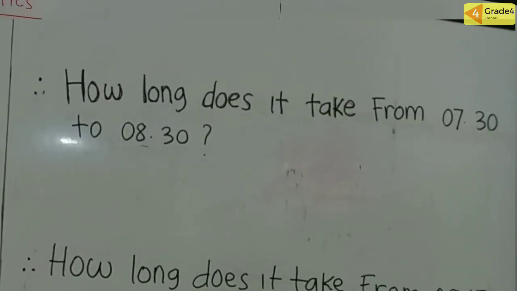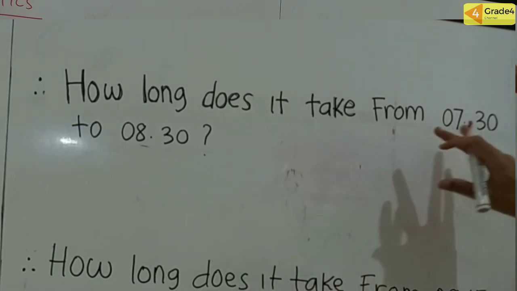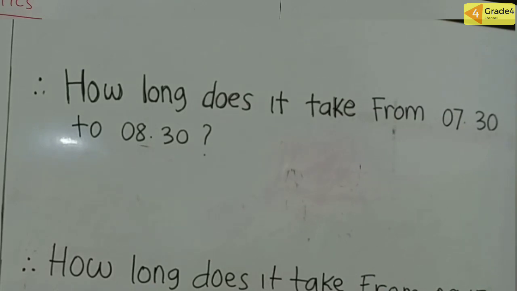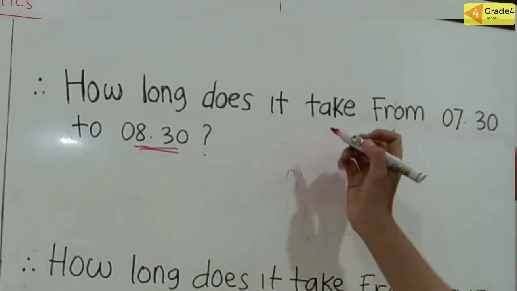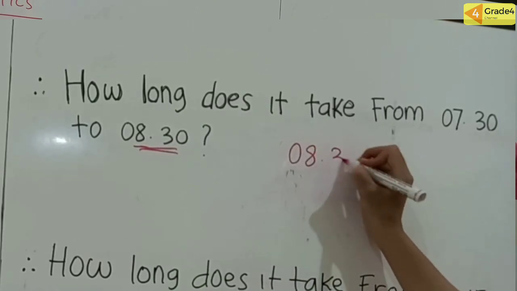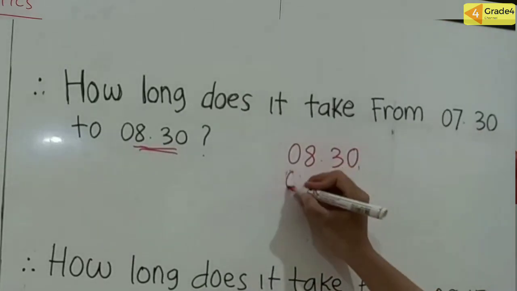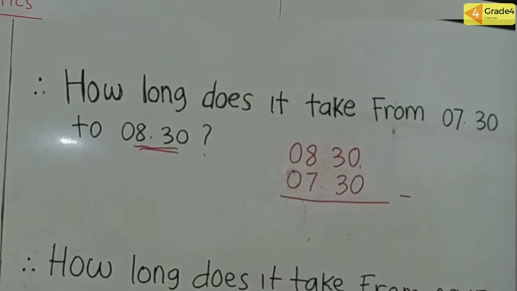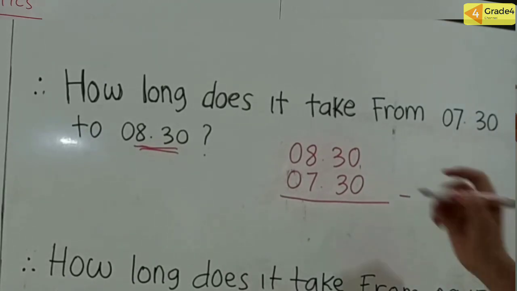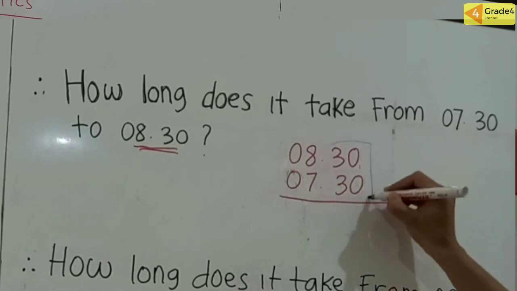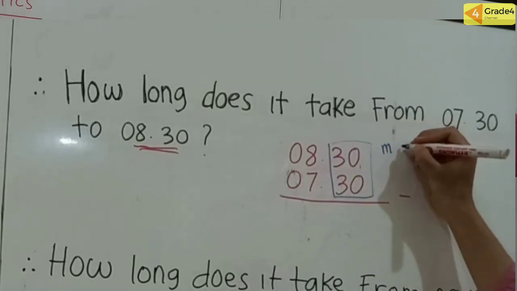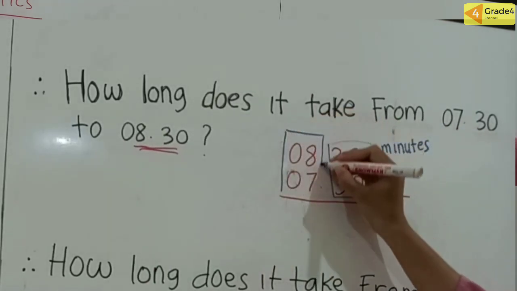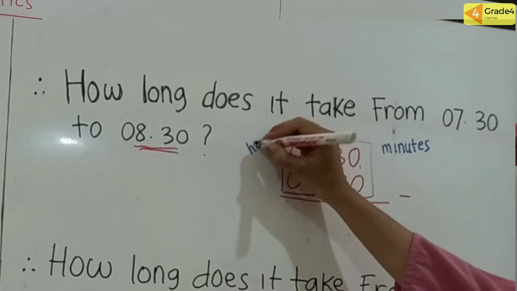The next question is, how long does it take from 7.30 to 8.30? We can calculate by subtracting: 8.30 minus 7.30. You must remember that the 2 digits here show the minutes, and the 2 digits here show the hour.